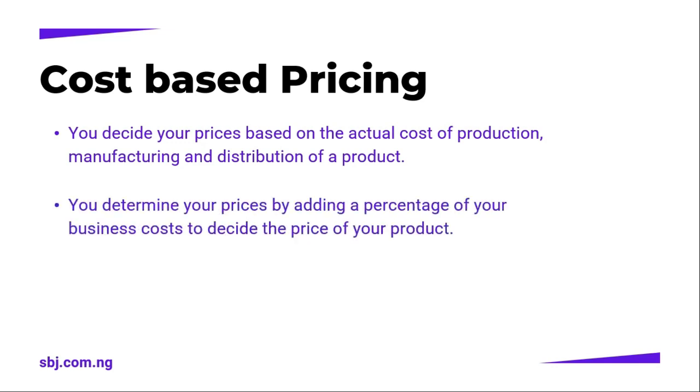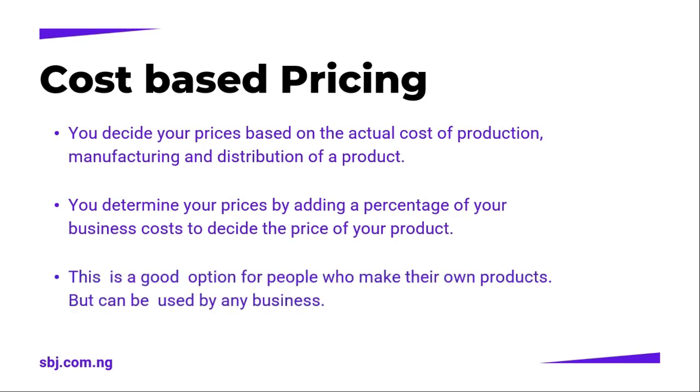And you determine your prices by simply adding a percentage of that business cost to determine the price of your product. So it's left to you to choose whatever percentage suits you and is profitable enough for your business. You can decide to add 30%, 50%, 20%, 10%, depending on what works for you and what kind of industry you're in. Using cost-based pricing is a very good option for people who make their own product.